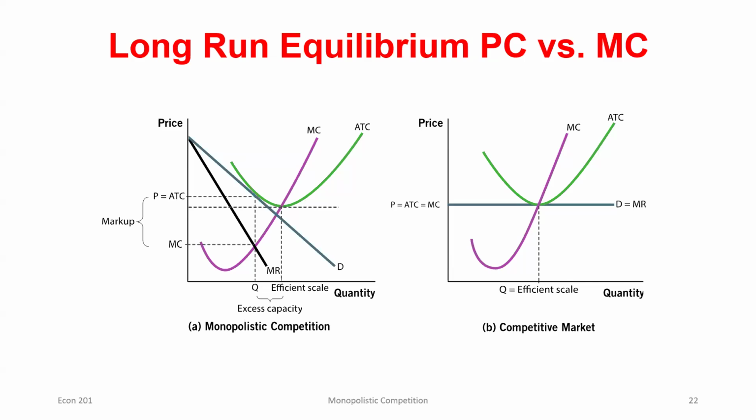I think it'll make more sense for you to see it this way instead. So marginal cost, demand curve, twice as steep marginal revenue curve, and here's my average total cost curve.